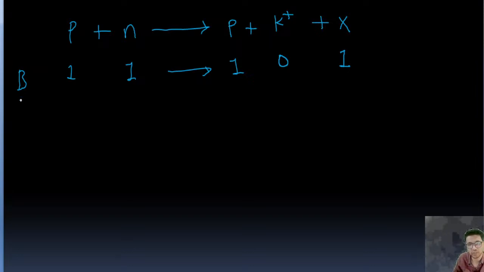Now we'll get strangeness. We know proton and neutron are not strange particles, so the strangeness for proton and neutron is 0. And if we talk about this kaon, the strangeness for this kaon is 1, guys.